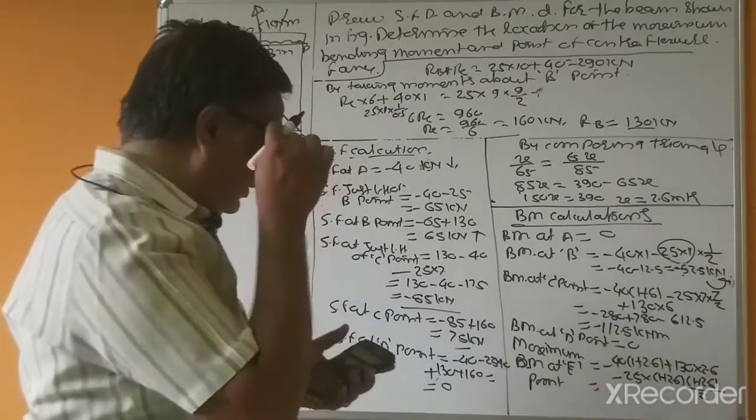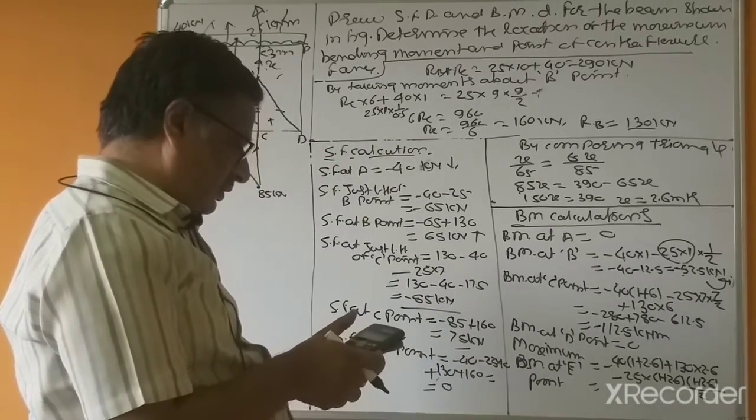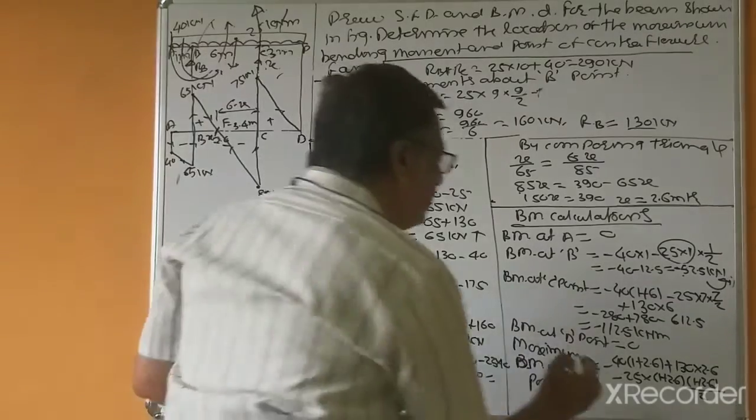So minus 3.6 multiplied by 40 equals minus 144.